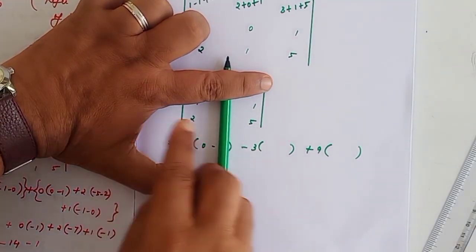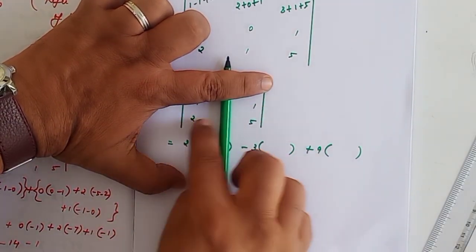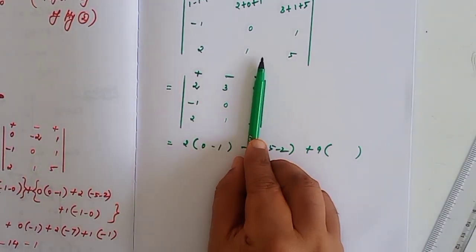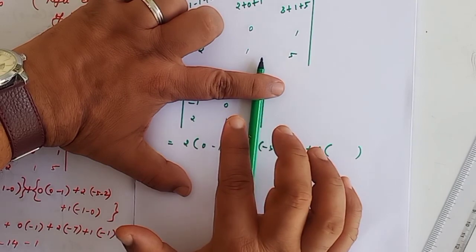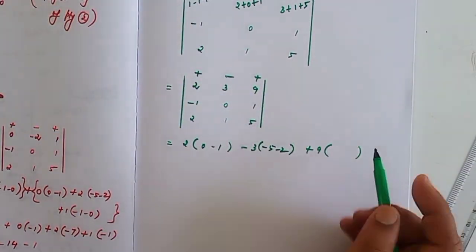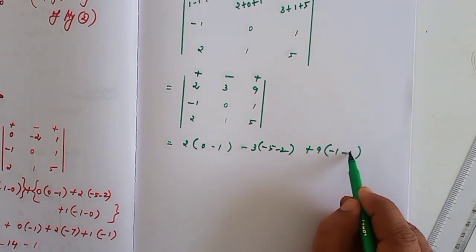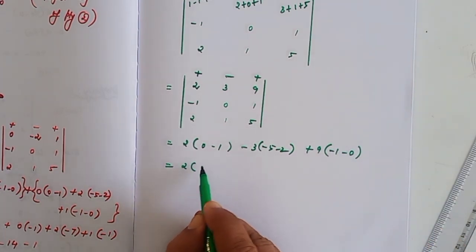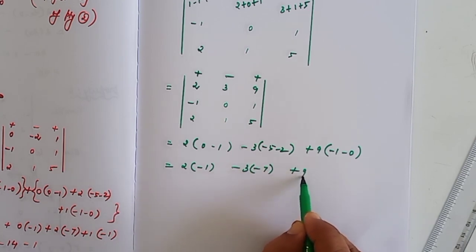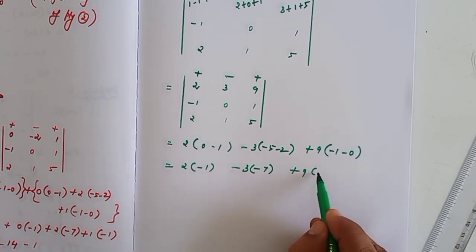You have the 4 elements: 5 into minus 1 minus 5, plus 2 becomes minus 2, minus 5 minus 2. Finally leave the last column and first row. We have these 4 elements, minus 1 and minus 0. That is equal to 2 into 0 minus 1 is minus 1, minus 3 into minus 5 minus 2, that is minus 7, plus 9 into minus 1 minus 0, that is minus 1.